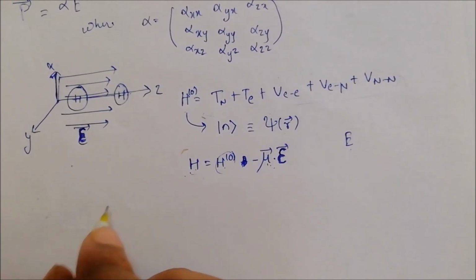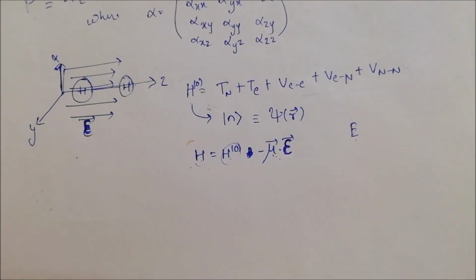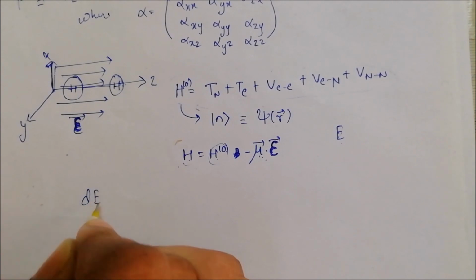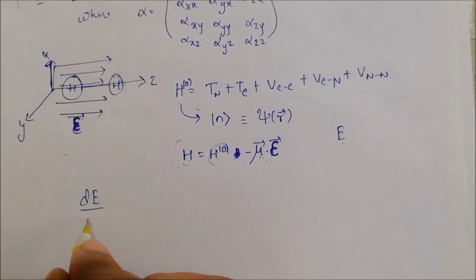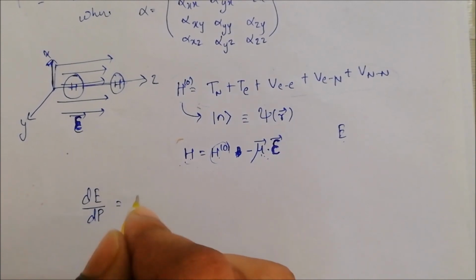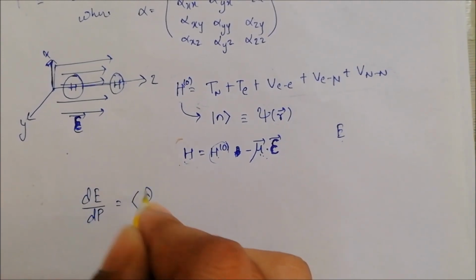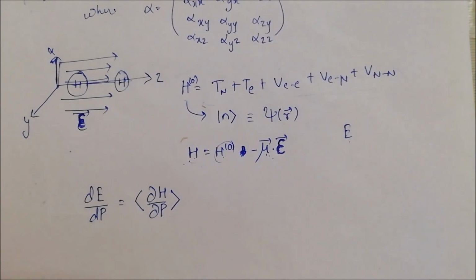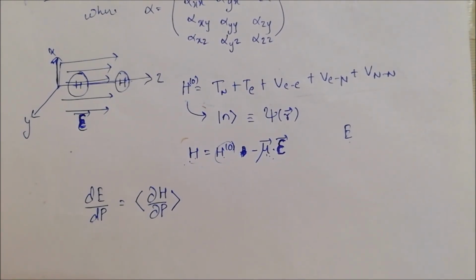So we learnt in the previous video about the Hellman-Feynman theorem, which states that the change of energy of a system with respect to a parameter on which it depends is just the expectation value of the derivative of the Hamiltonian with respect to that parameter, in the eigenbasis of the unperturbed Hamiltonian.